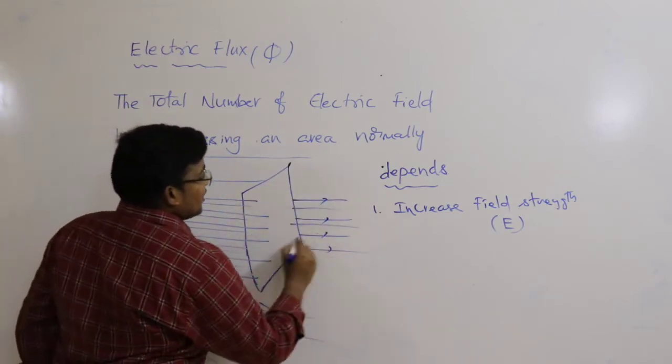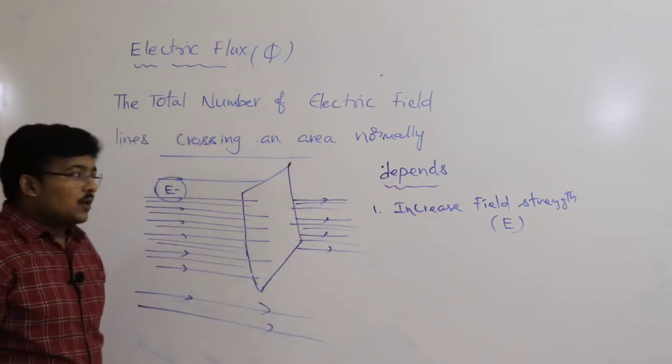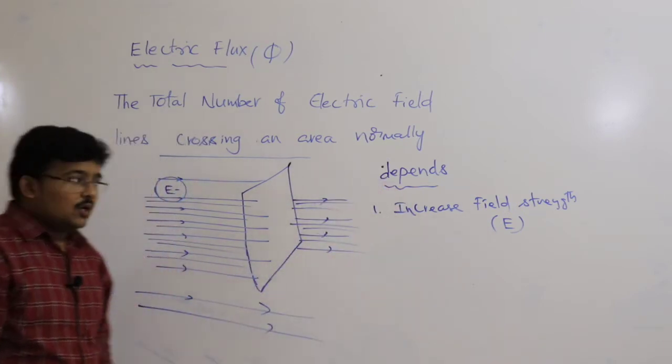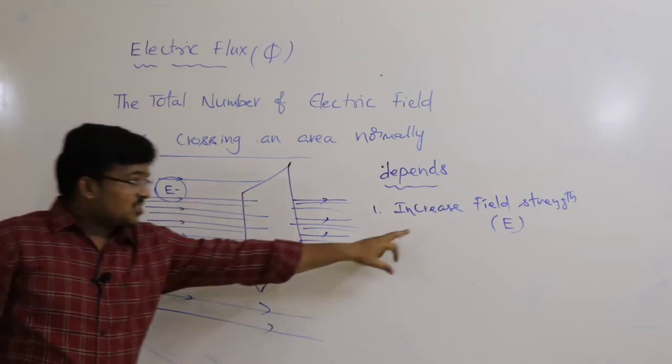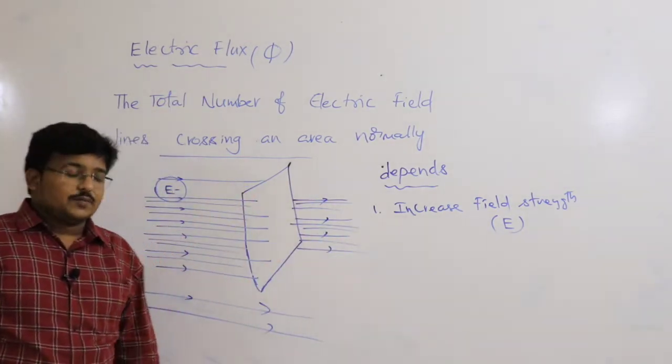So more field lines you may see, and the flux also increases. So flux depends on the first parameter, electric field intensity.